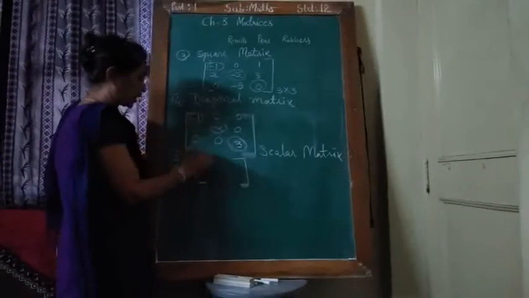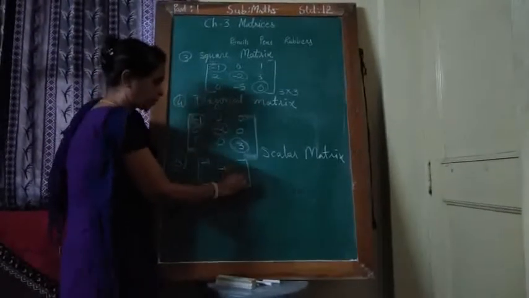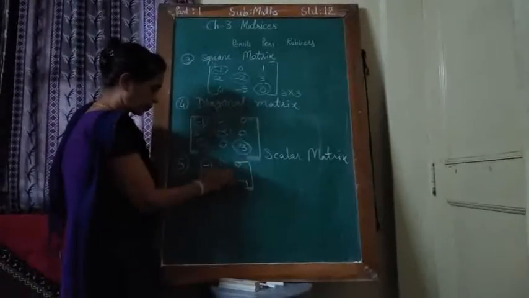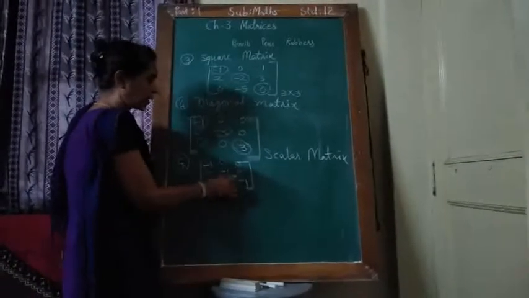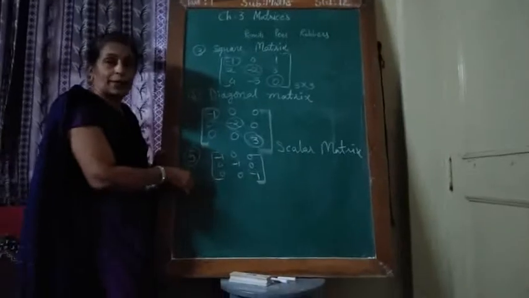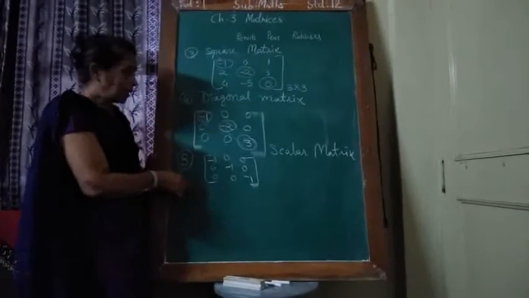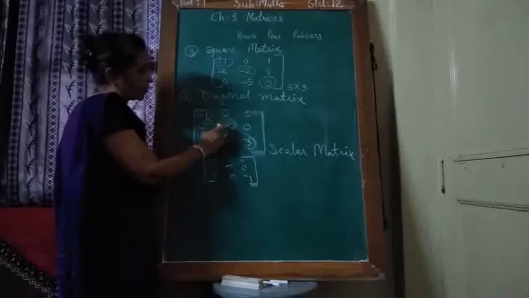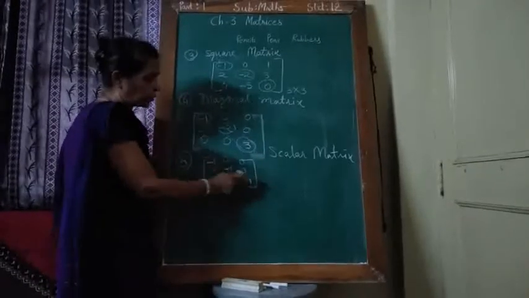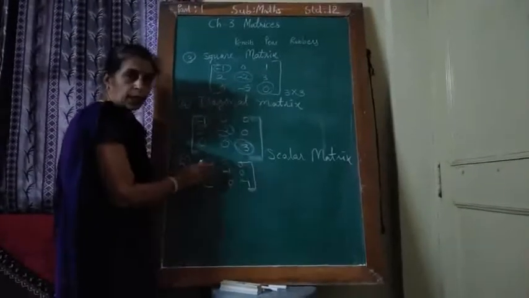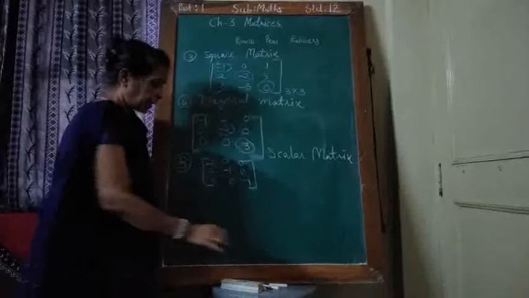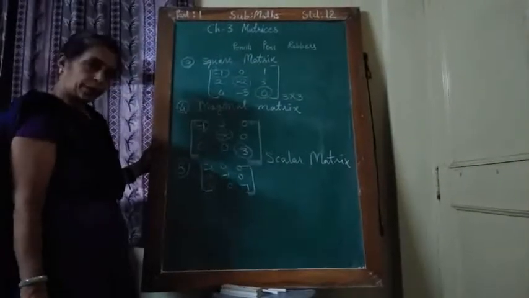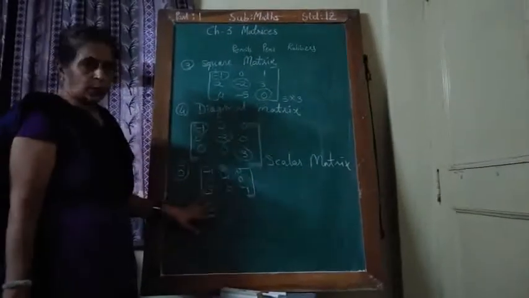Same means, suppose here is minus 1, then minus 1, all are the same, and other elements are 0. This is the difference between diagonal and scalar matrix. In a diagonal matrix all elements may be different, but if the elements are the same, suppose 2, 2, 2 or 3, 3, 3 or 4, 4, 4, then it is called a scalar matrix. Clear? Other elements are also 0.